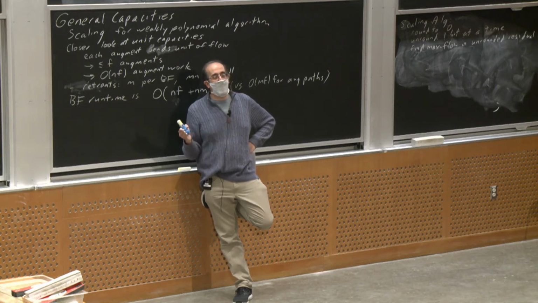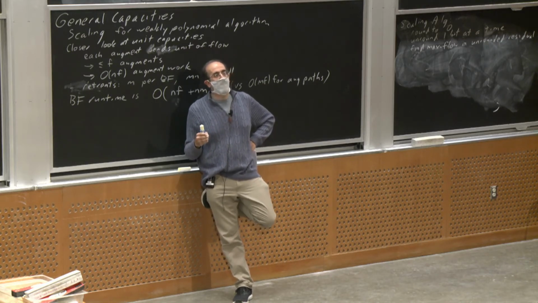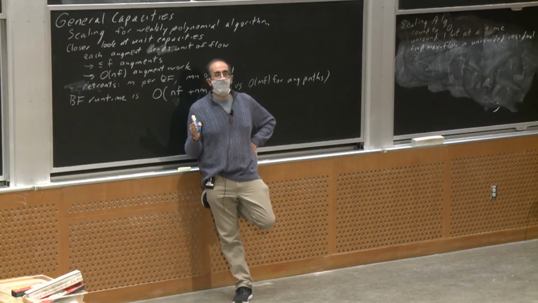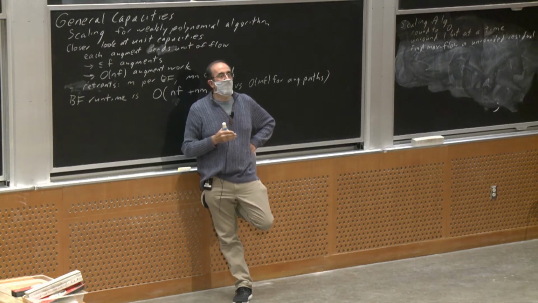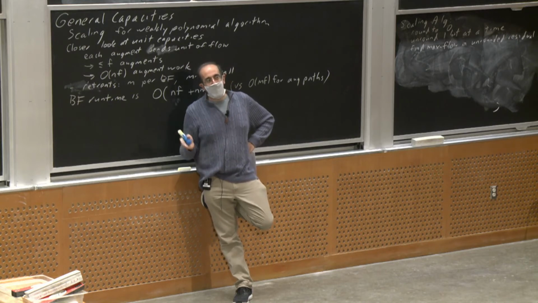Right, so before we scale in a bit, we just found a max flow. So what does that tell us? We have a max flow in this graph. What does that mean? There's no augmenting path. If there's no augmenting path, what does that mean? There's a cut. There's an empty cut, a cut of value 0. What happens to this cut of value 0 when we scale in a bit?